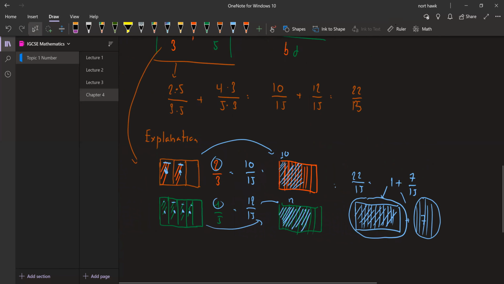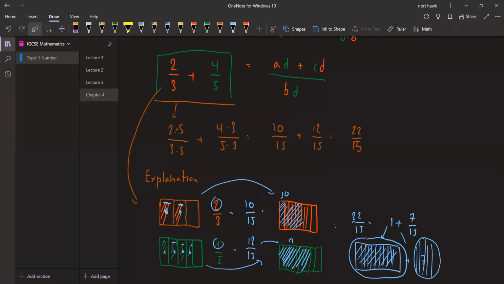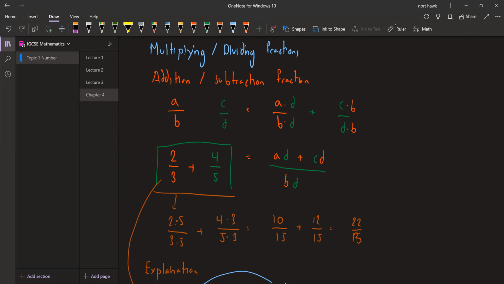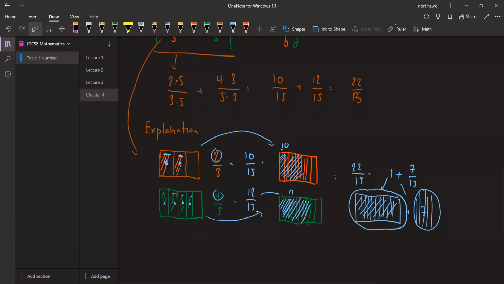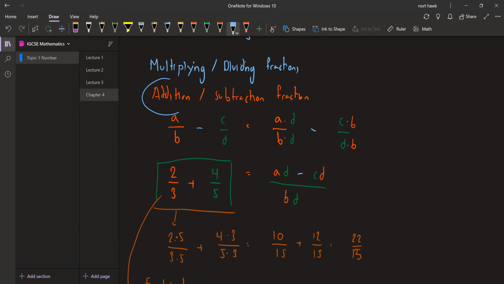And that logic would also work for subtraction. When you want to subtract things, we just do the same process. We change this to negative instead. You essentially have to make the denominator the same, so it'll be fair to make them of the same thickness. That's for addition and subtraction.